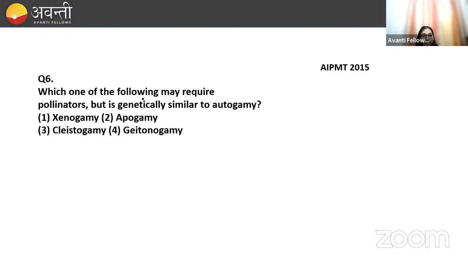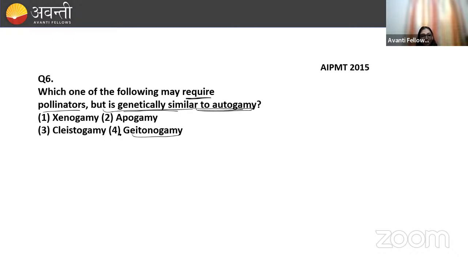The question is asking which one of the following may require pollinators but is genetically similar to autogamy. Remember, geitonogamy requires a pollinator. It is functionally cross-pollination because different flowers are involved, but genetically similar to self-pollination or autogamy because both flowers belong to the same plant.